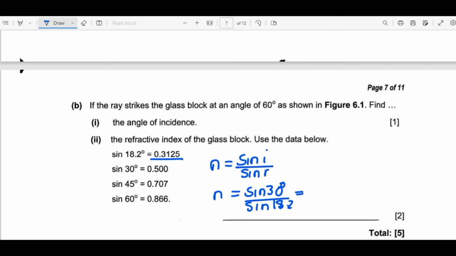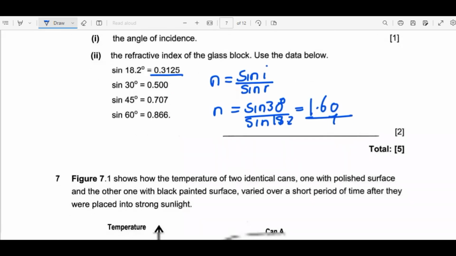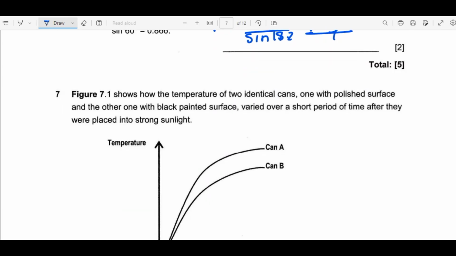So that's what you're supposed to do. Say sine 30 divided by sine 18.2. I'm getting about 1.60 as my refractive index. Make sure that the answer should not have units, it's a ratio.